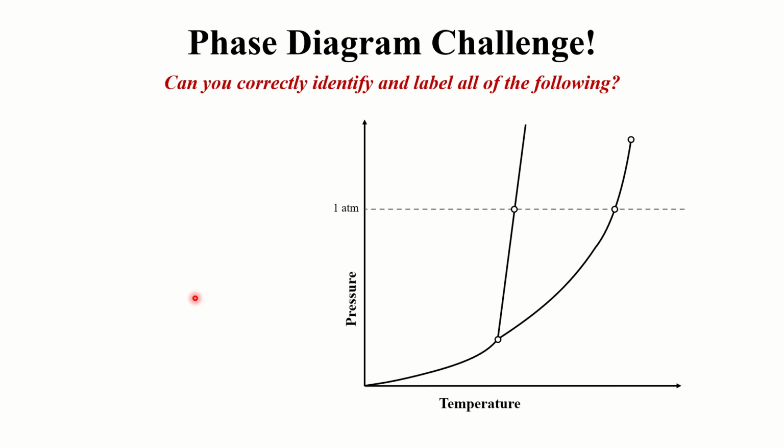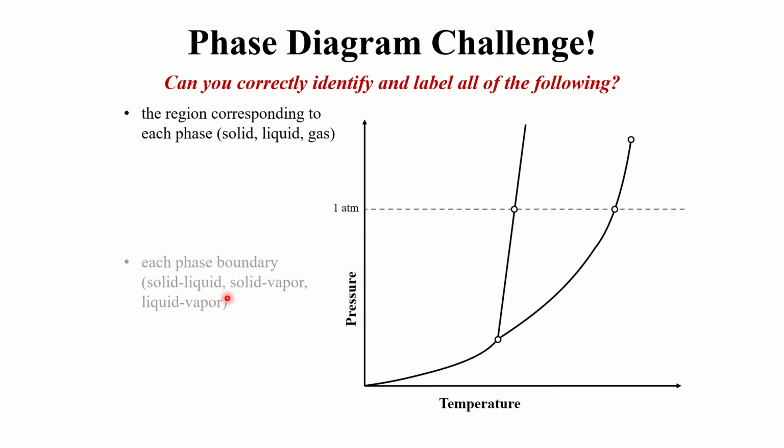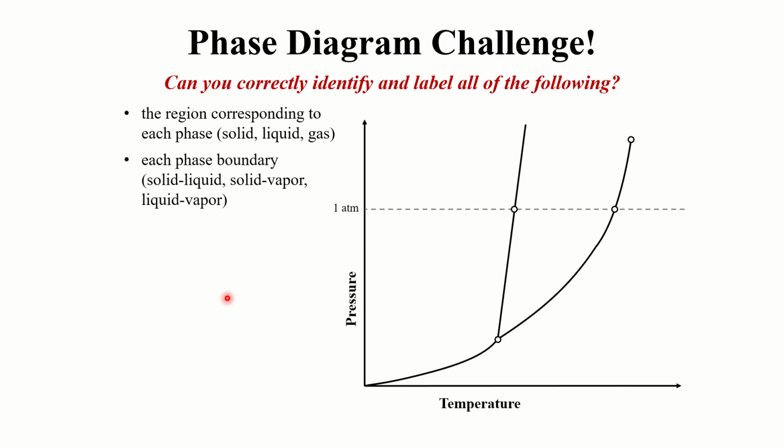All right, so here's an example type of problem I may give you. Given this blank phase diagram, can you correctly identify and label all of the following? First, you should be able to identify the region corresponding to each phase, solid, liquid, and gas. Then each phase boundary, so solid, liquid, solid vapor, and liquid vapor, or again, solid gas, liquid gas.